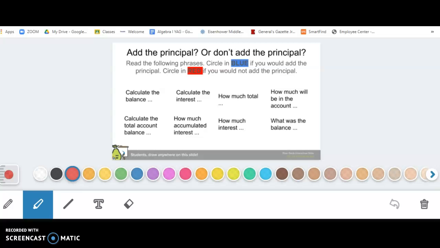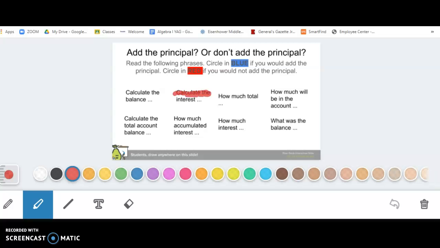So there's 8 different problems here on the screen. These are 8 different ways that you can be asked in a word problem, or told what to do. The ones that have interest as part of your question or statement are the ones where you do not have to add, okay? So those are the ones that I'm going to color red.